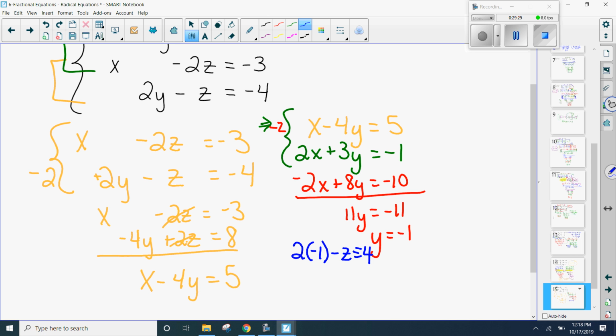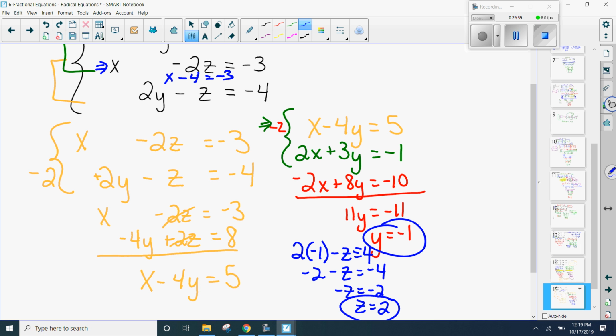So negative 2, you're going to add 2. Z is equal to 2. We got Y, we got Z. How are you going to find X? Substitute. Just to save me from scrolling, I'm going to substitute it in right there. If you put Z in, Z is 2, that makes this negative 4. What is that? 1.